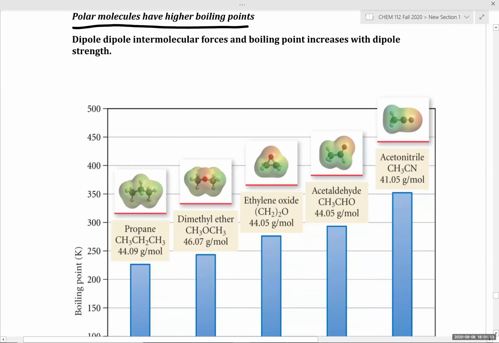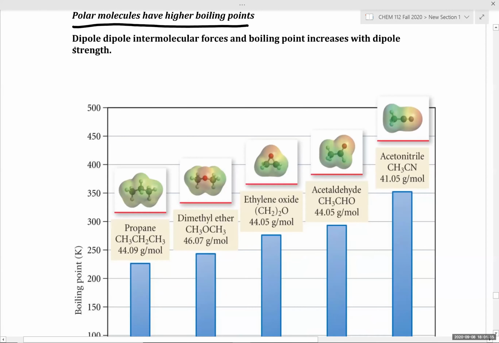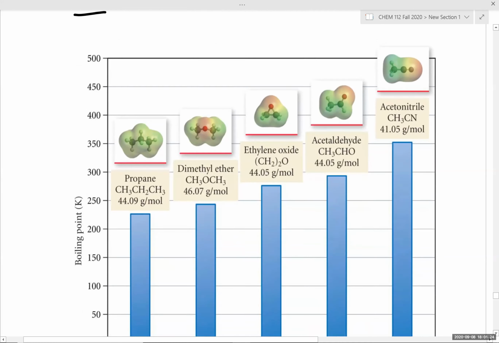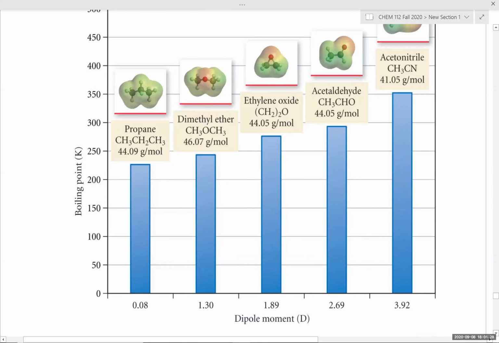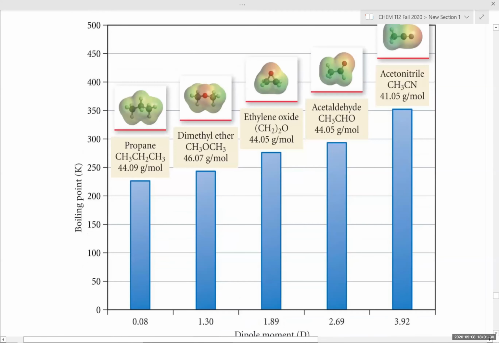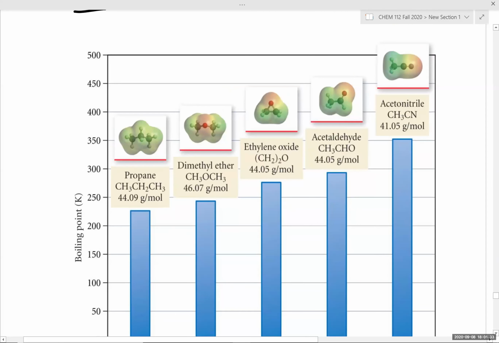Further, as we see from this graph, dipole-dipole intermolecular forces and boiling point increase with dipole strength. So first, let's look at each of these examples. So we have boiling point as a function of dipole moment, which is a measure of the overall molecular polarity.